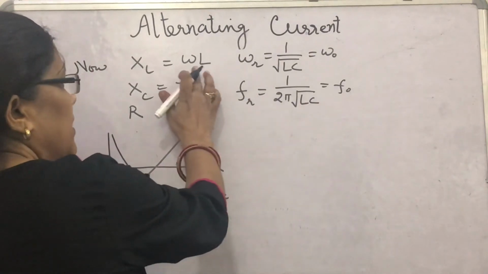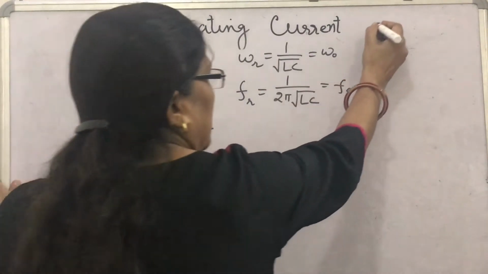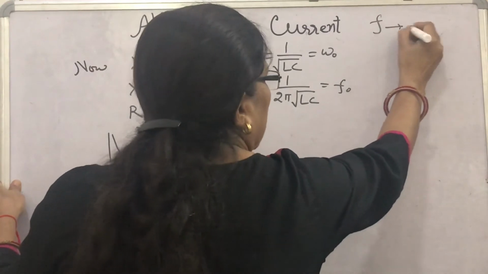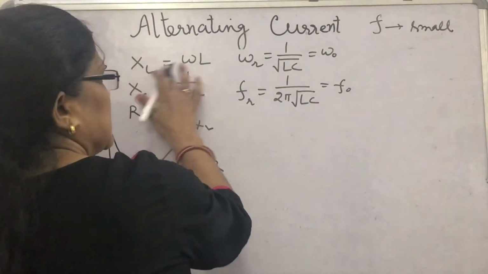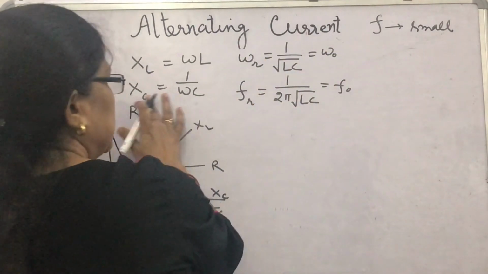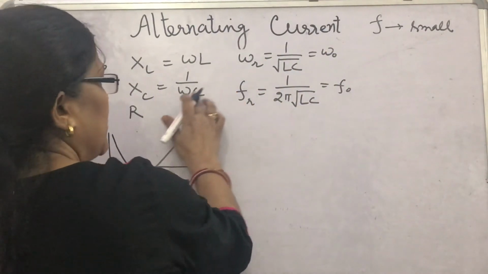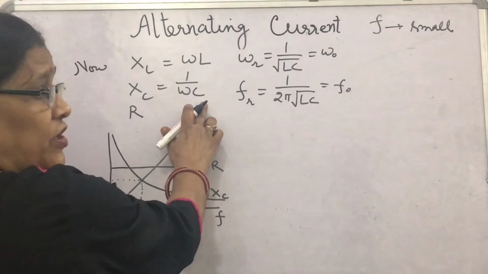You know that for small f, XL is small, but XC will be large because 1 upon 2 pi fC will be more.